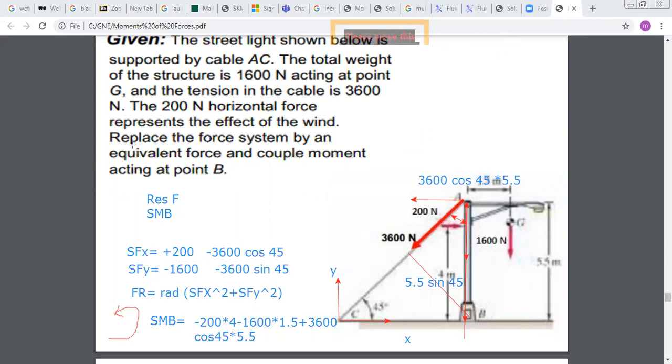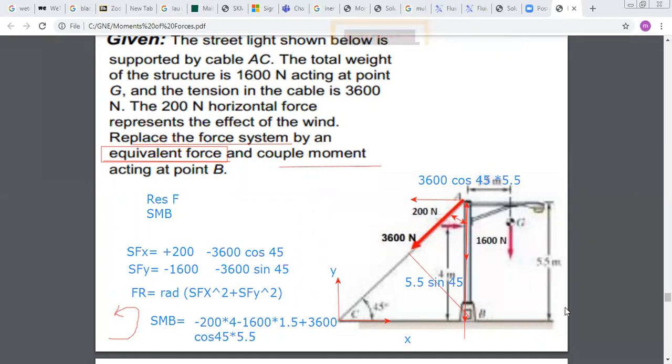Replace the force system by an equivalent force and a couple moment. What is the equivalent force? How to find it? The equivalent force is equal to the summation of your forces. And to find it, you can find sum of forces along X and sum of forces along Y. Then you can find your resultant force, its magnitude, and also the angle.